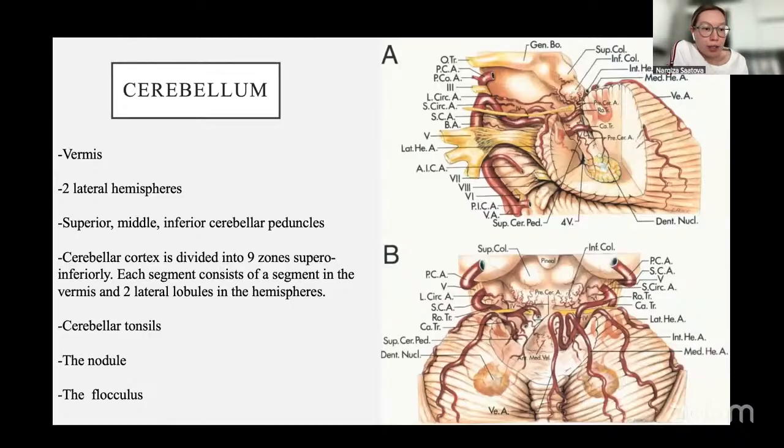The superior cerebellar peduncle is connected to the midbrain, the middle cerebellar peduncle to the pons, and the inferior cerebellar peduncle to the medulla. The cerebellar cortex is divided into 9 zones superoinferiorly. Each segment consists of a segment in the vermis and 2 lateral lobes in the hemispheres. Also, it contains the cerebellar tonsils, nodule, and the flocculus.